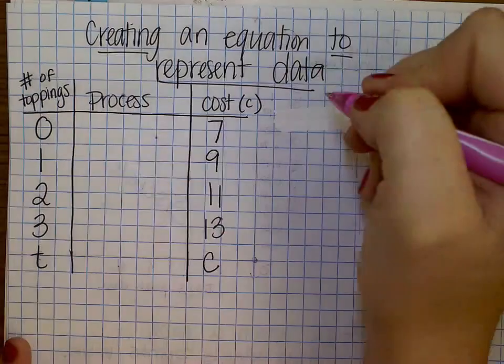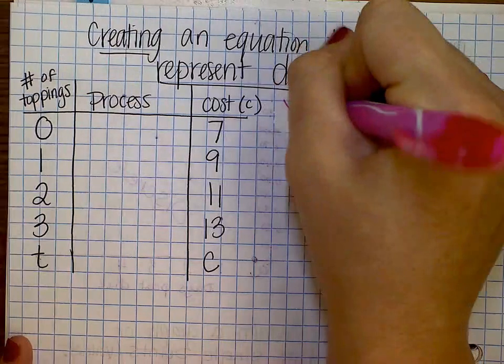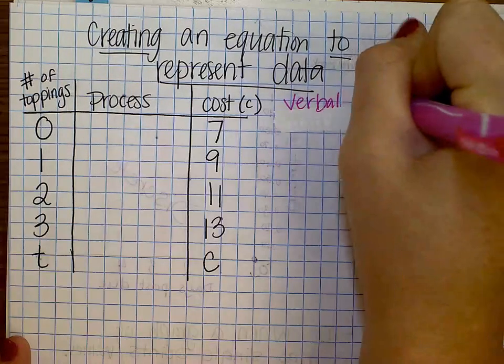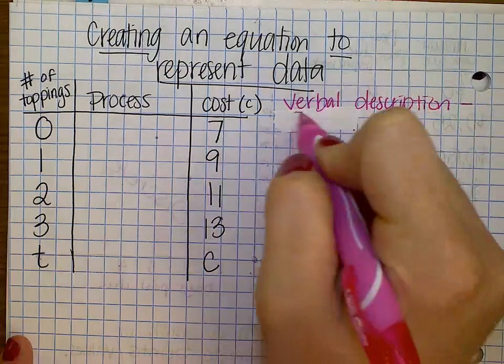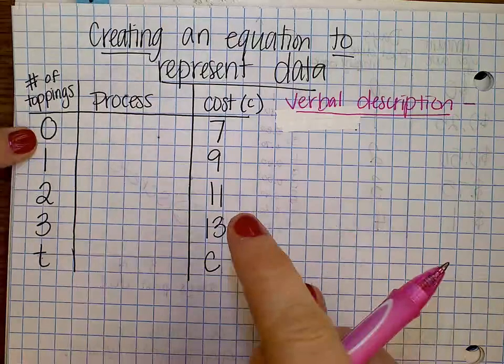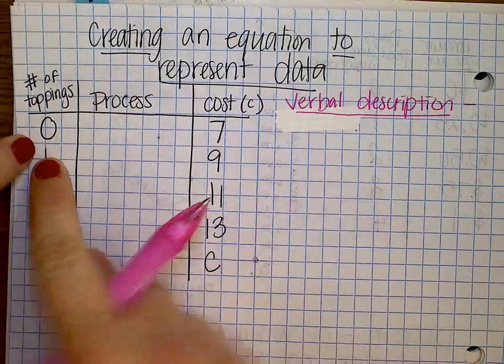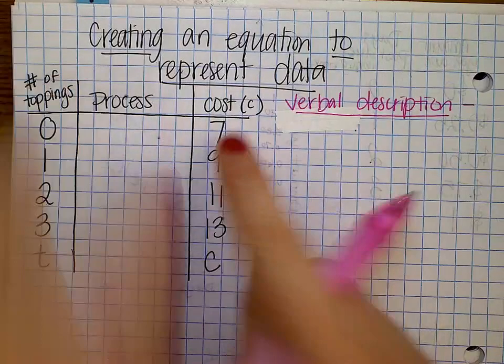So the first thing that I want you to do is write the verbal description. So based on what's happening in this table, we want to write a verbal description. So if we look, for every 1 topping, the cost is going up $2. 9 minus 7 is 2.